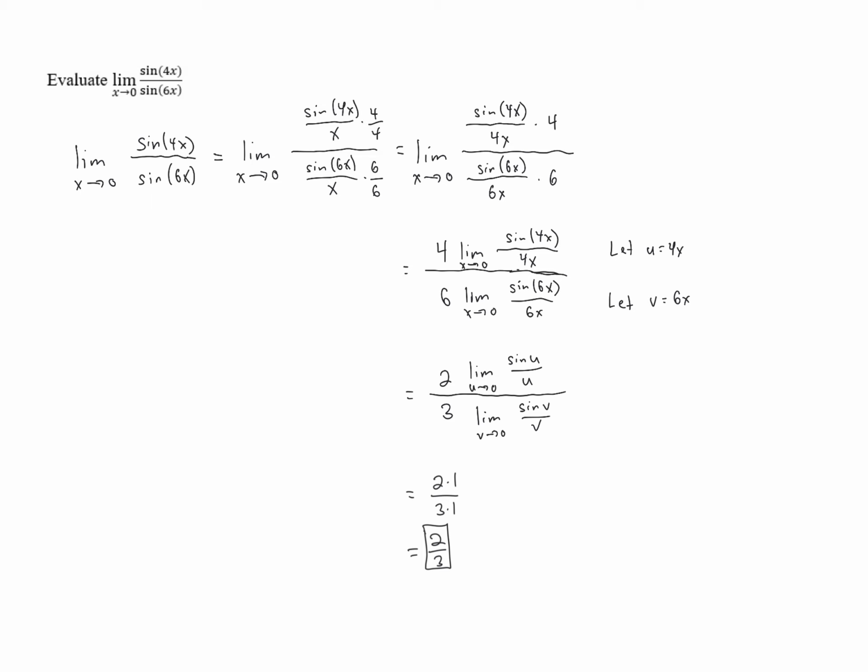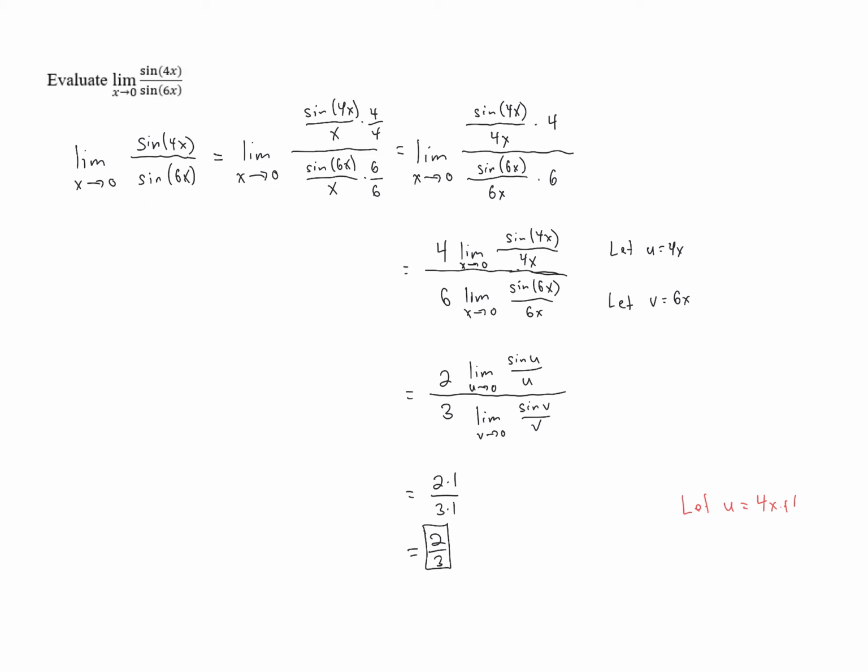If we made a substitution, I'm just going to do this off to the side. If we had a situation where we let u equal 4x plus 1, for example, then as x approaches 0, u is actually not going to approach 0. u would approach 1. Because as x approaches 0, 4x approaches 0, so then 4x plus 1 is going to approach 1.